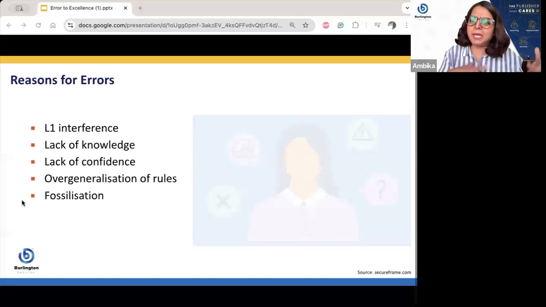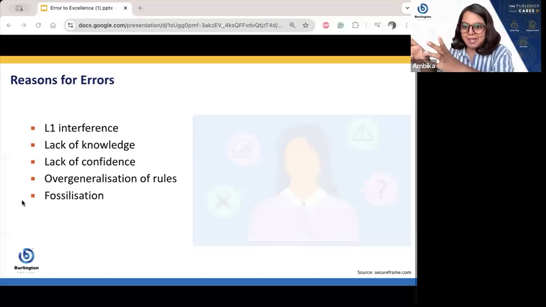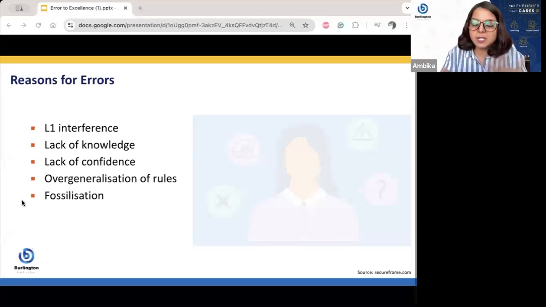Me and my sister, me and my dad, this me and my is so commonly used that it becomes a fossilized error in our heads. It's always first the other person: my dad and I, not my dad and me. So my father and I. That kind of fossilization of error is a very common reason why kids make errors.